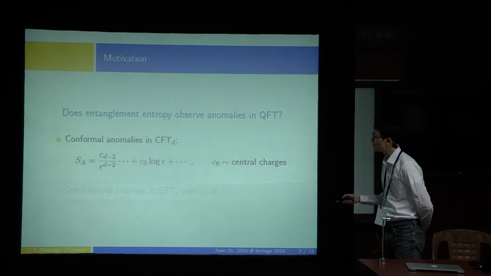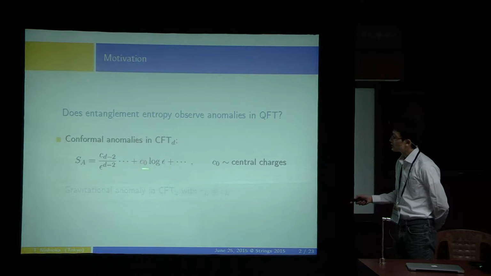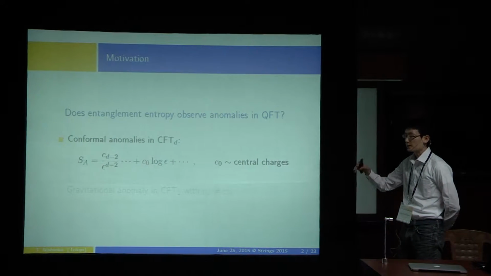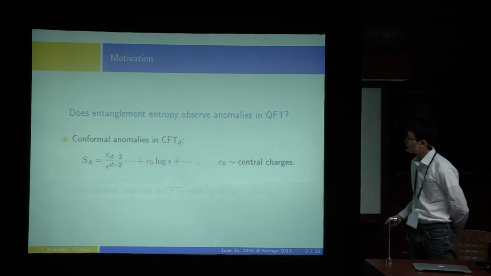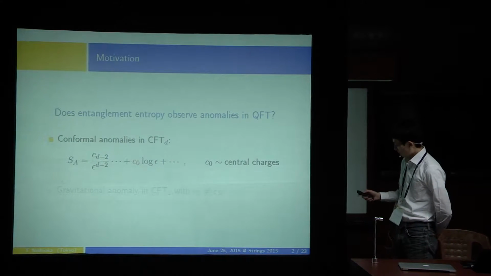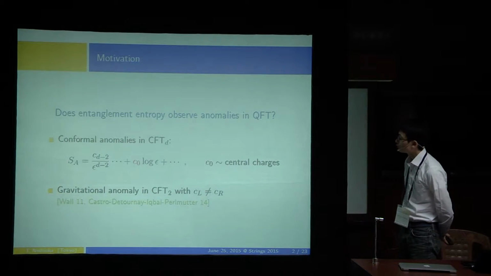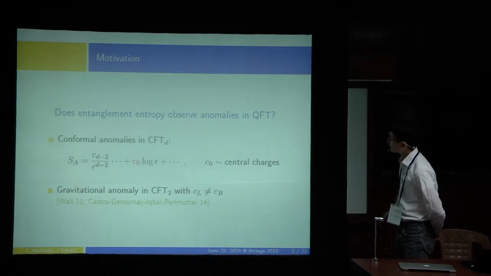But in 4 dimensions, there are two central charges, A and C. And actually, C0 depends on the topology or geometry of the entangling surfaces. This is very well known, but less is known for other anomalies. The only example I know is the gravitational anomaly in CFT2, which is studied by these folks.